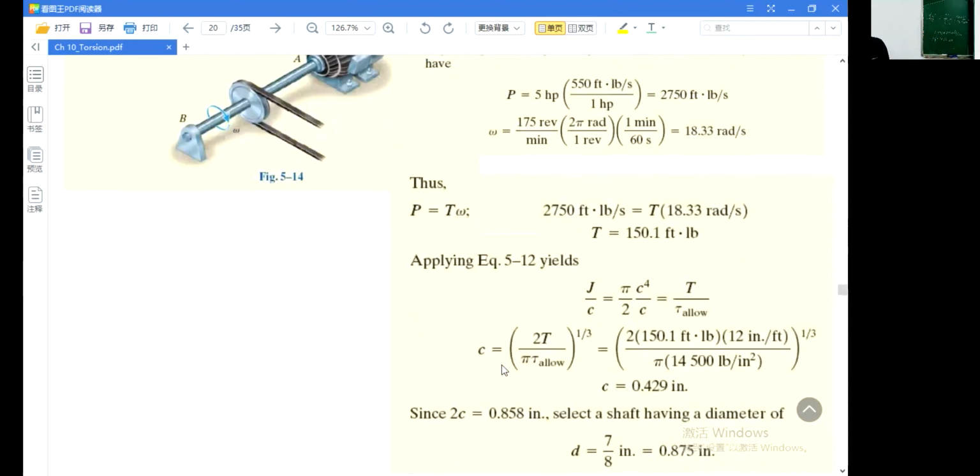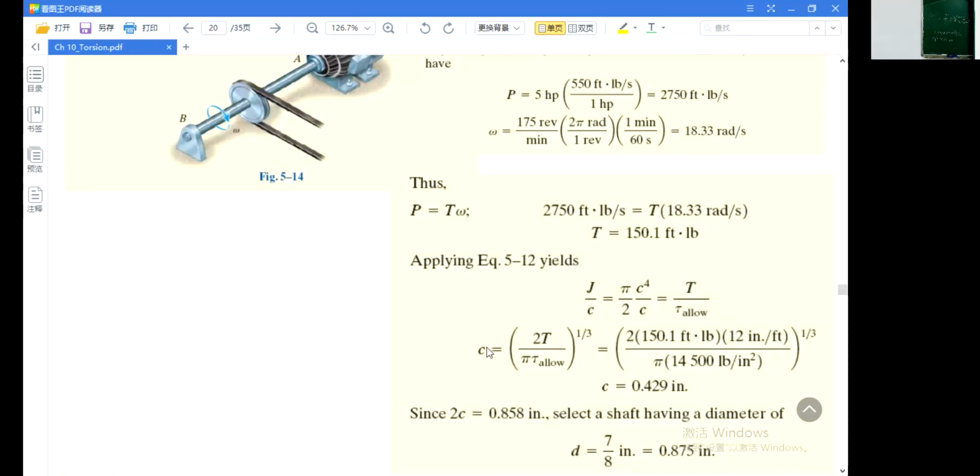In this way, we can find c to the fourth power. Half pi is pi over 2, so we find c.